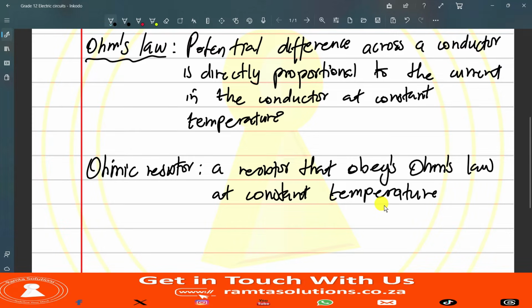So basically, this is to say, for this resistor, it is a resistance with a ratio V is to I that is constant at a constant temperature.